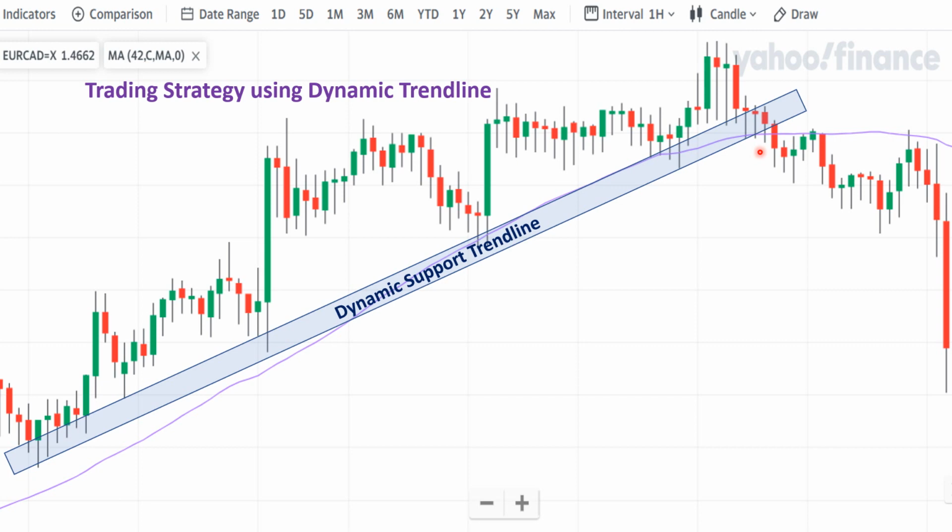This bearish signal is also reinforced by the SMA 42, as the same bearish candle penetrates the SMA 42 and closes below it.